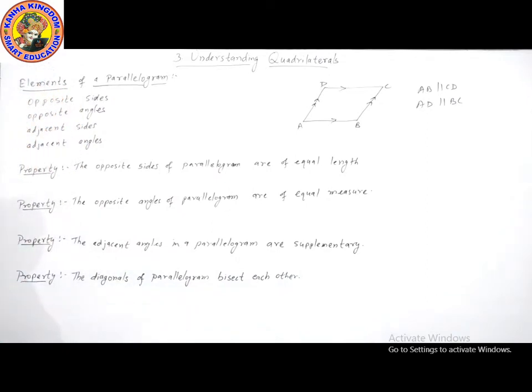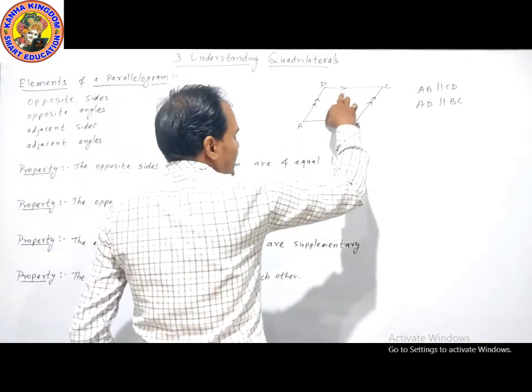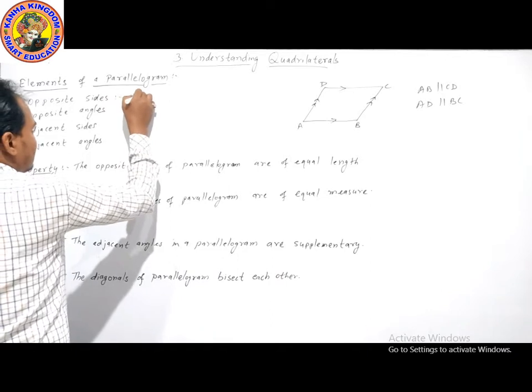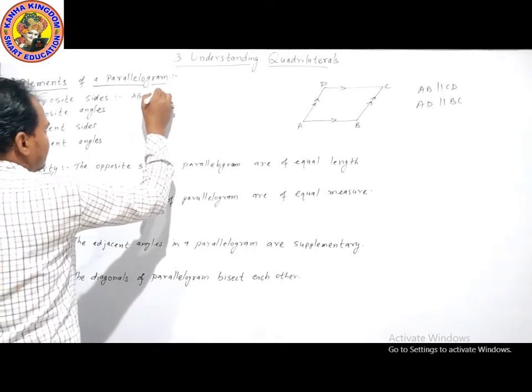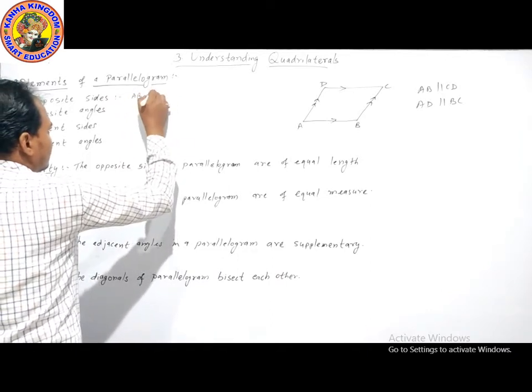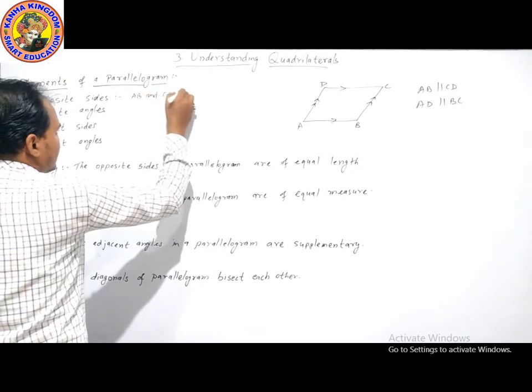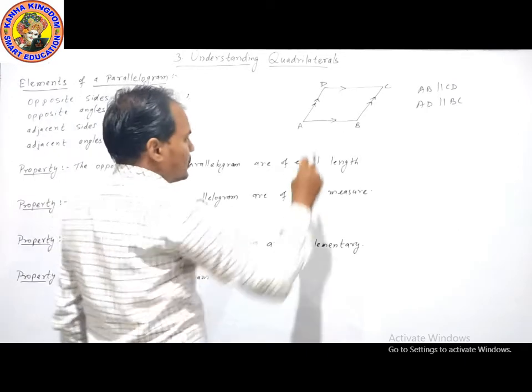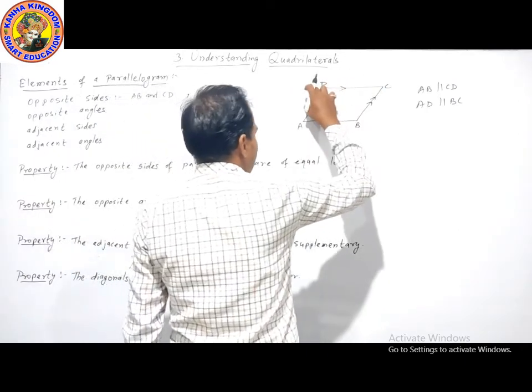Now opposite sides. Opposite sides are AB and CD, and opposite sides are BC and AD.